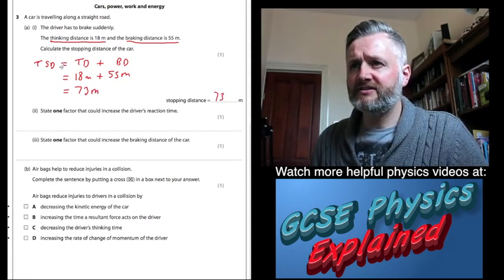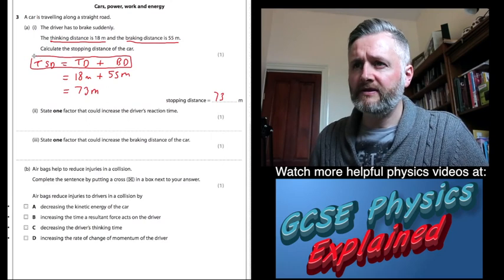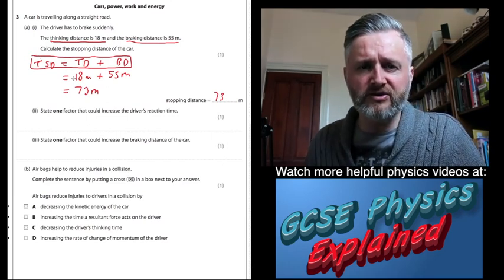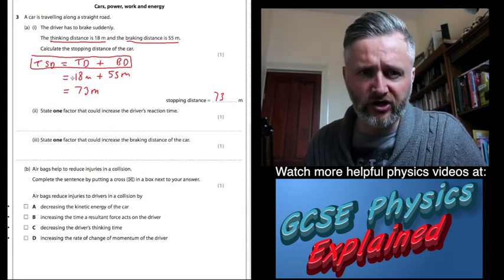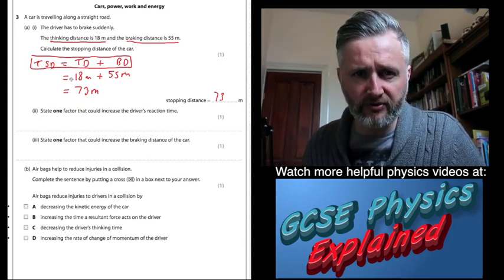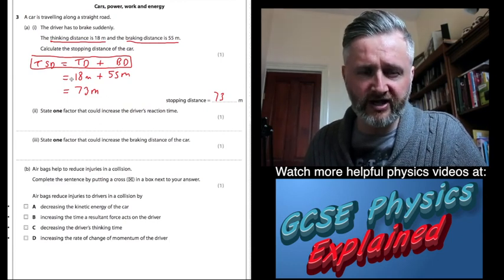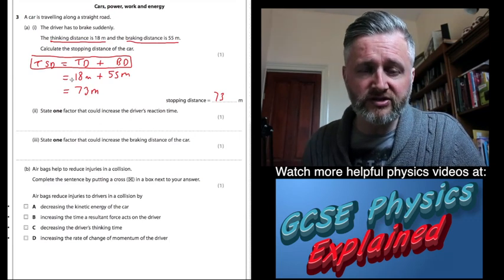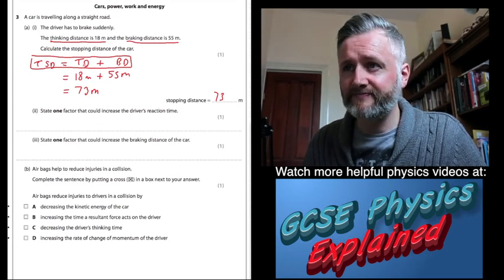So let's explain this a little bit. Now, just say a little old granny jumps out. You're driving a car, little old granny jumps out in front of the road. Your brain has to tell your foot to press the brakes. Now your car's travelling. So the amount of time that it takes for your brain to tell your foot to press the brakes, the distance that you've travelled during that reaction time is your thinking distance.